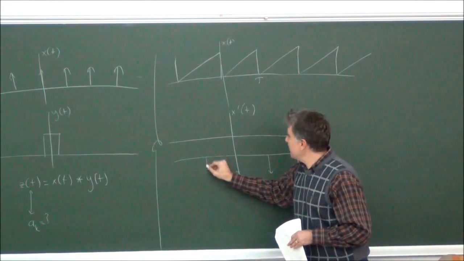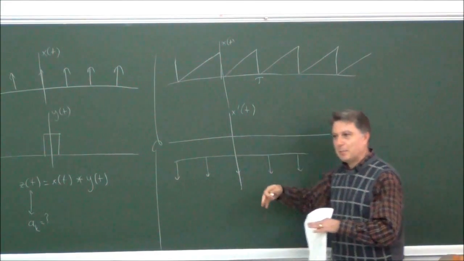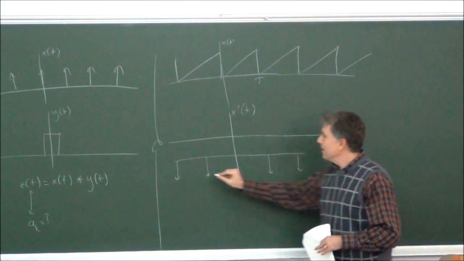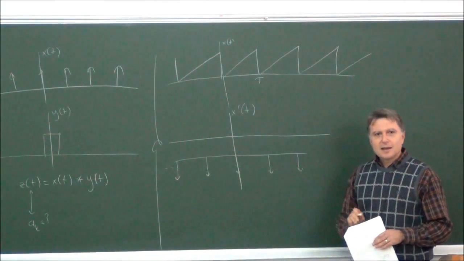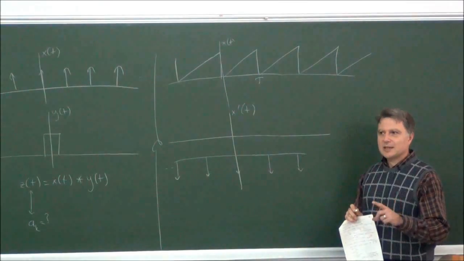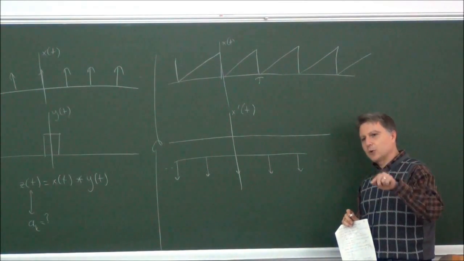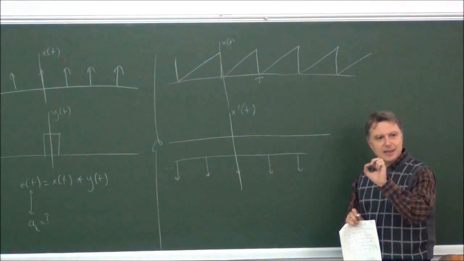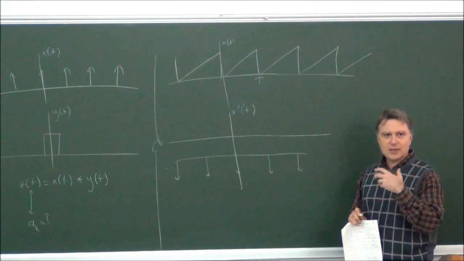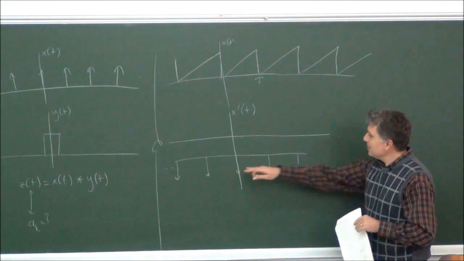You may denote them like this, downward going impulses. That's a bad notation. Scientifically, it would make more sense if you could put arrows upward going and put a minus label to it, which shows a negative value. But whatever.